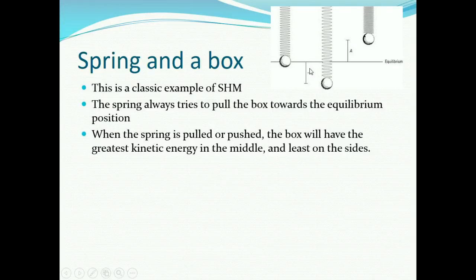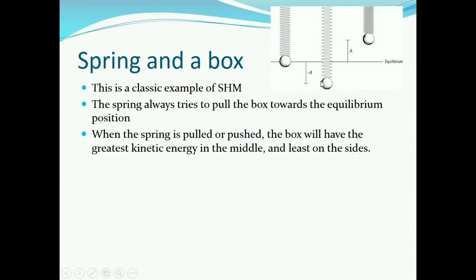So here we have the spring. The equilibrium position is this line here. Let's just say this spring is moving downwards towards this position. In the middle, while it's moving back and forth, it'll have the greatest speed, so greatest kinetic energy. And then it gets all the way to the bottom and stops.